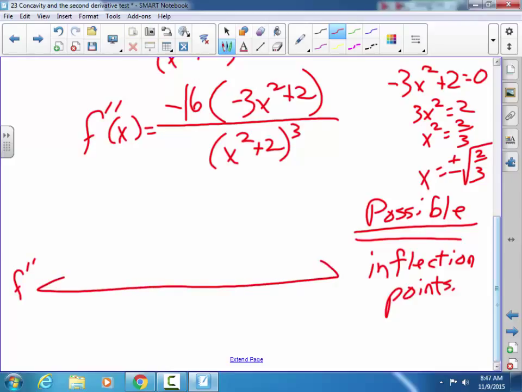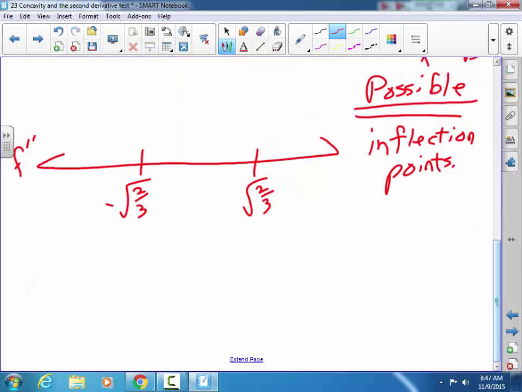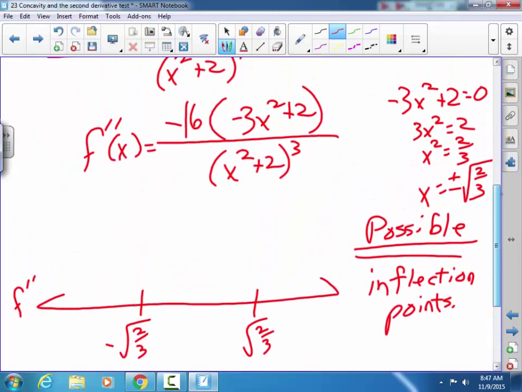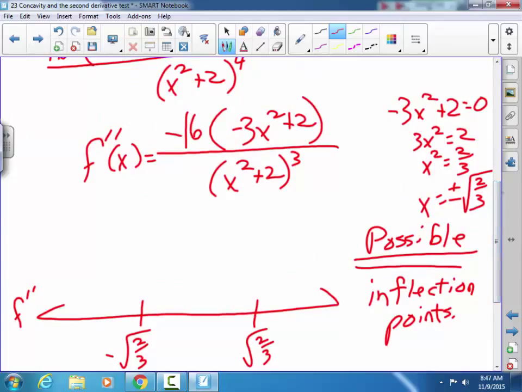You remember me stating that we needed to be sure we label our sign lines? So we've got the second derivative. We've got the negative square root of 2/3 and the positive square root of 2/3. Now, what are our factors for the second derivative?